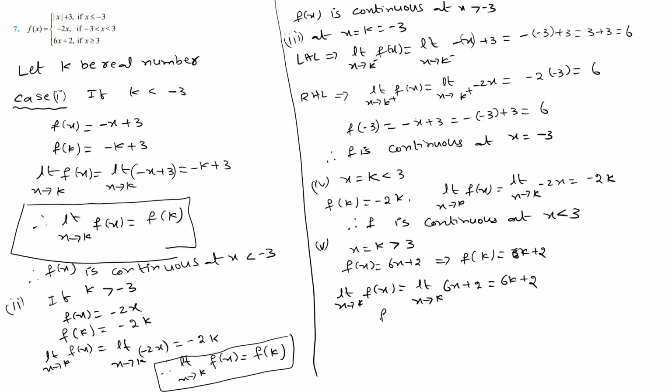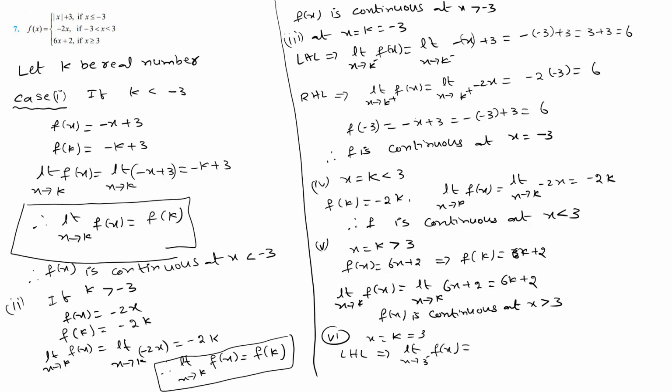So f of x is continuous at x equal to k, which is greater than 3. Next, the last one, at x equal to k, which is equal to 3. For x equal to 3, first we take the LHL. LHL is limit x tends to 3 minus f of x.